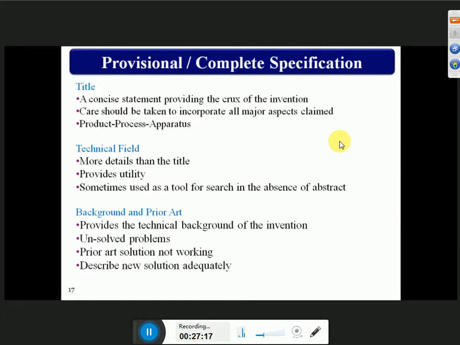Background or prior art. That means before I write down the patent, I should go for the background and the prior art, and based on the prior art I can find out unsolved problems, prior art solutions if they are not working, and describe new solutions adequately. That means background and prior art is very important. I should go back and see that no invention is like mine, or that I am giving new solutions to whatever is already invented.